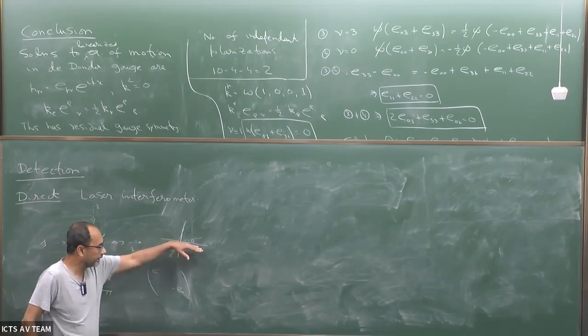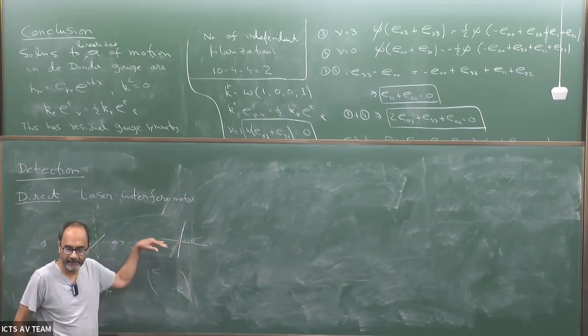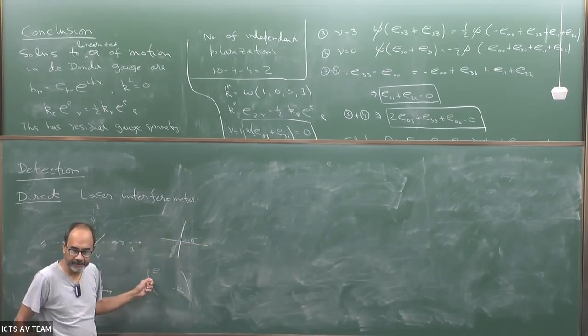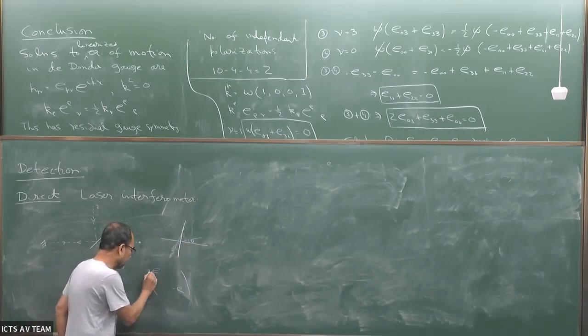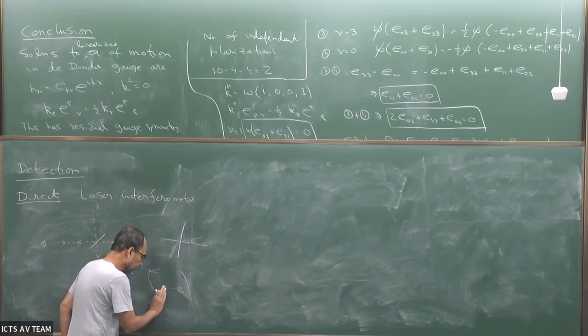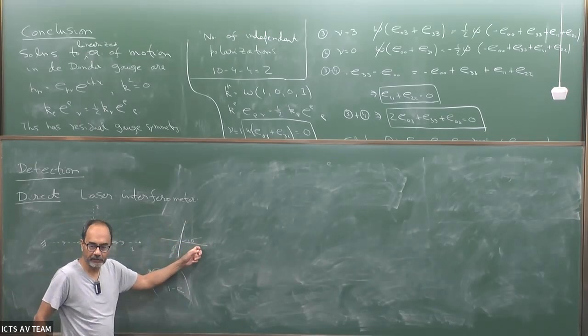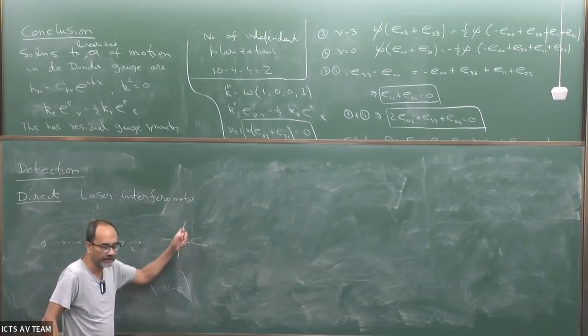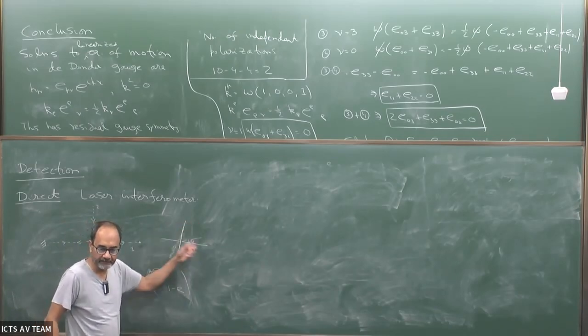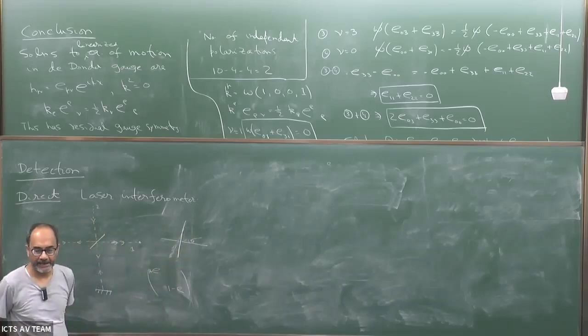Then you can only detect this length that is relevant. Since the metric is given, the metric is 1 plus this, you can work out with this metric how much oscillation this will have, and how much oscillation this will have. What is relevant is the difference between these two lengths, and that will determine the strength of your signal.